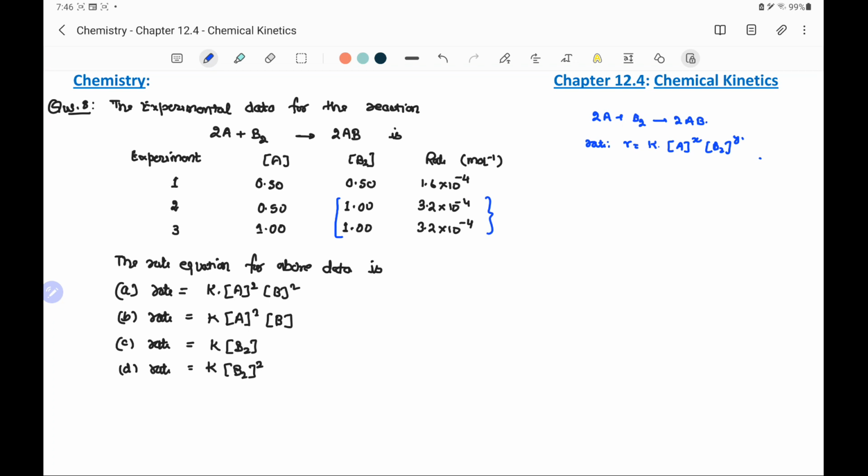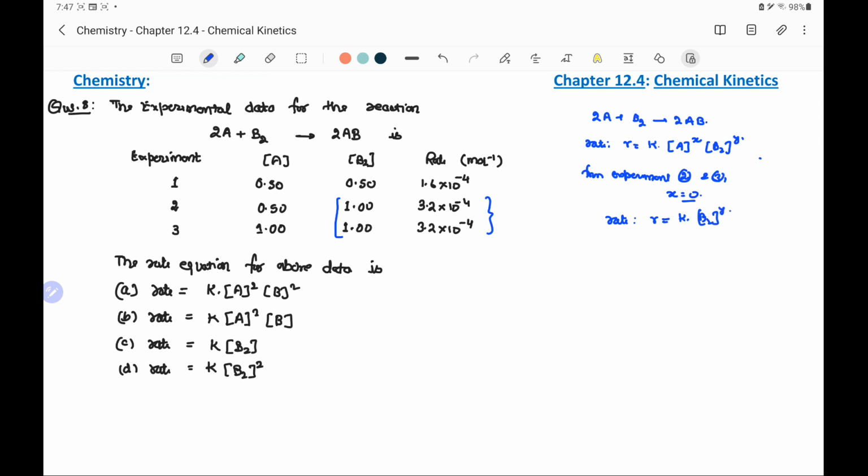That means that the rate of the reaction does not depend on the concentration of A. So from the data of experiments 2 and 3, we conclude that x equal to 0. So rate equation reduces from R equal to K into A raised to power x, B2 to the power y, to K into B2 raised to the power y. Now we have to find y.